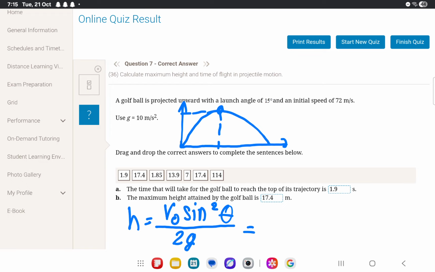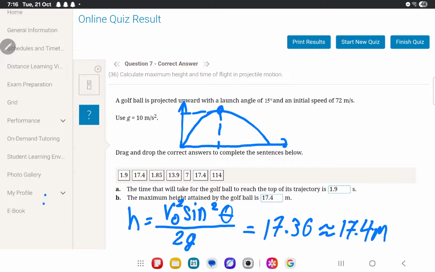This is wrong. What did I do? Give me a second. Oh yeah, I forgot the v0 squared. It's v0 squared. So 72 squared times sine 15 squared. You'll get 17.36, rounded to 17.4 meters.